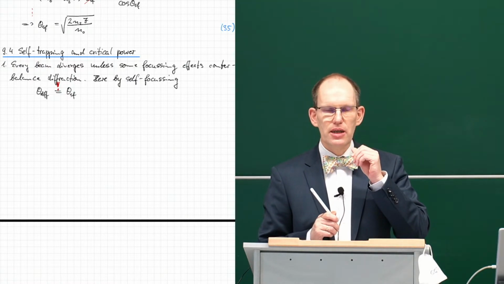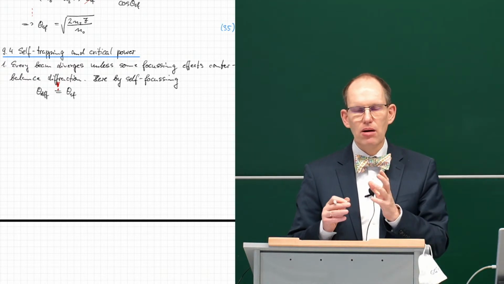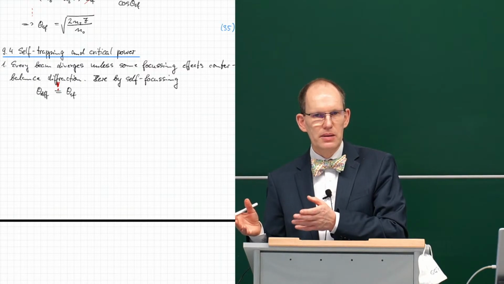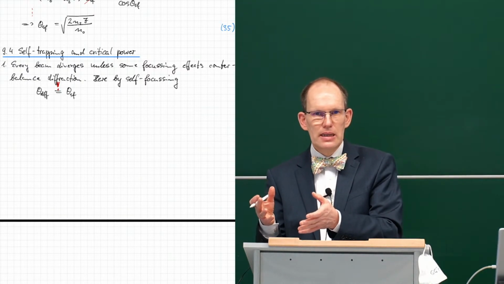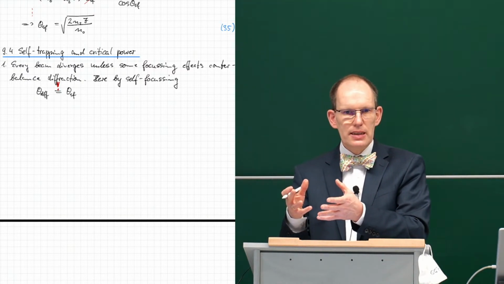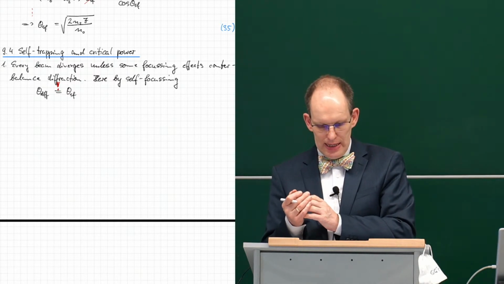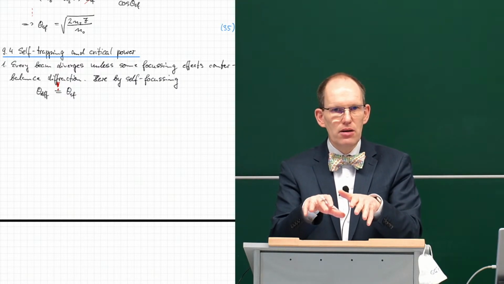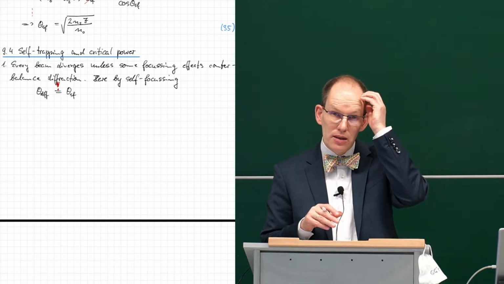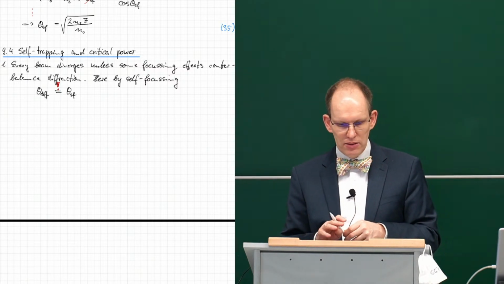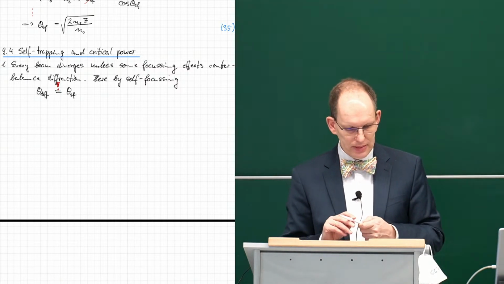Well, there's actually another way to counterbalance diffraction, and this is used in optical fibers. There's basically total reflection, and actually you can look at self-focusing and self-trapping also in this way. And you also find it in the script.